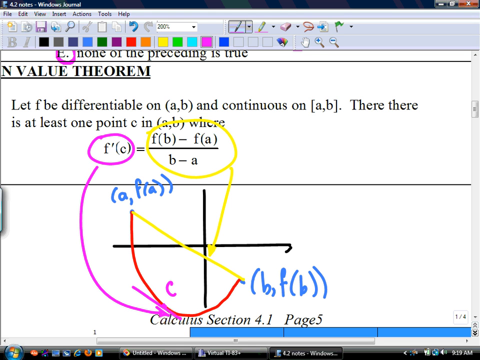So what that's saying is, the average slope must also have some point somewhere where the instantaneous slope is the same. So in physics, we can make a connection.